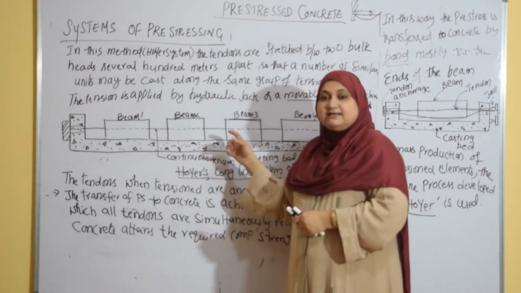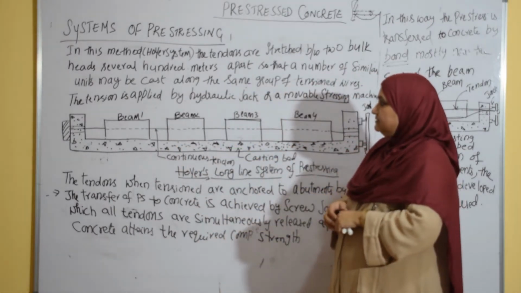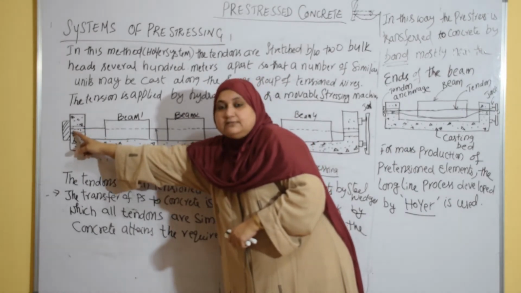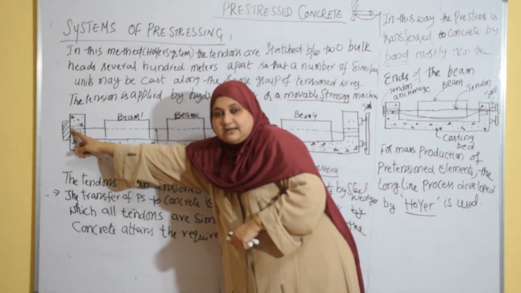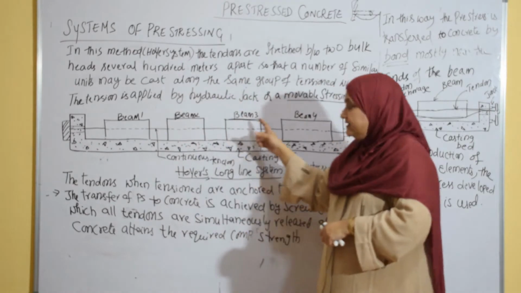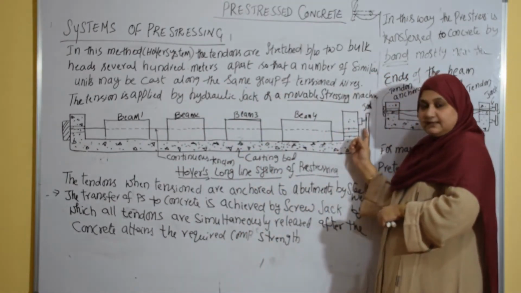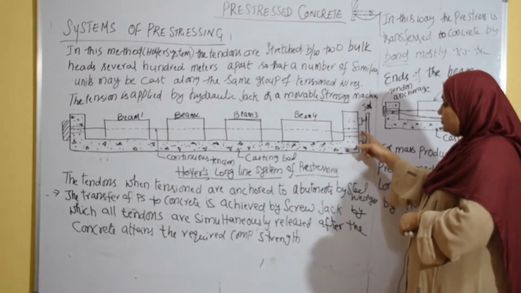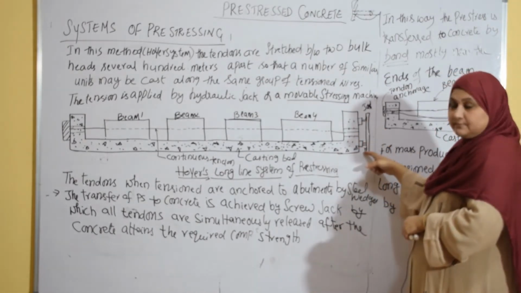Okay, they are in a line, it is called the long line method. The tension is the same: one end of the tendon is anchored to the block, the other end is anchored to the other anchorage block. Then it is continued to the jack.